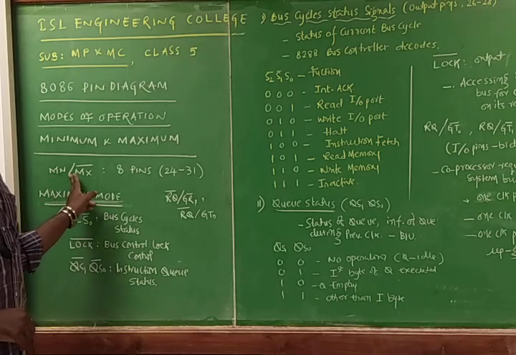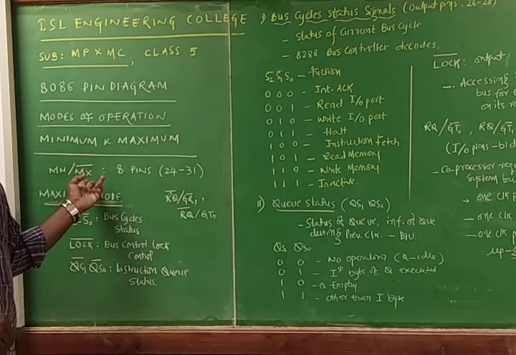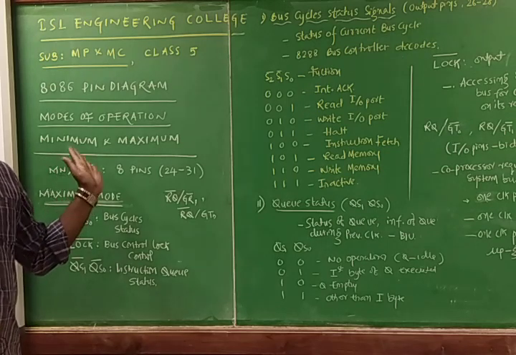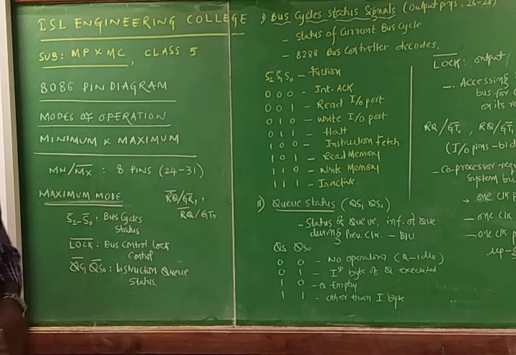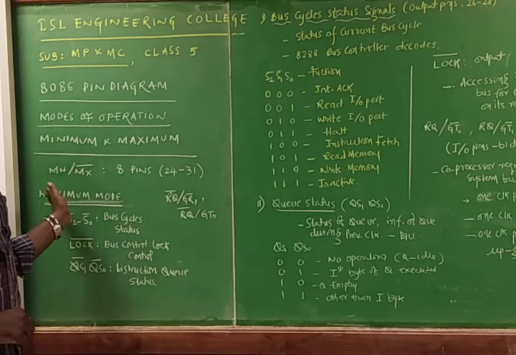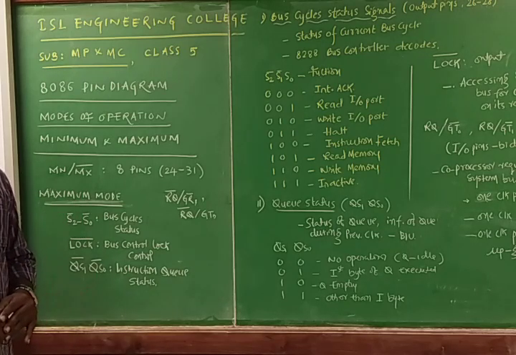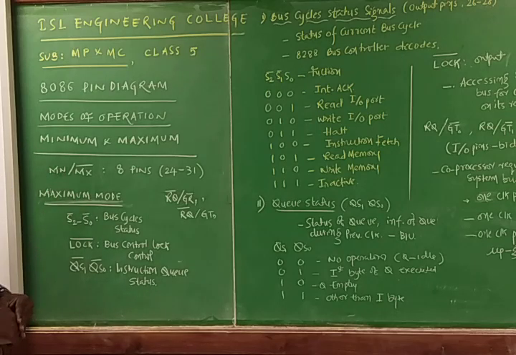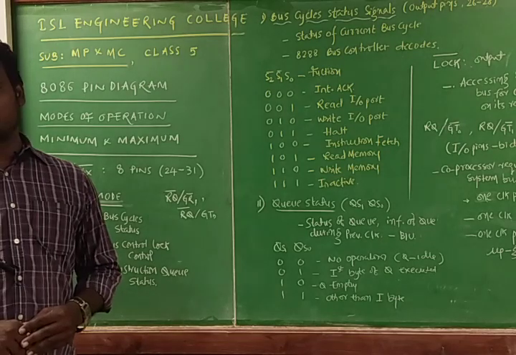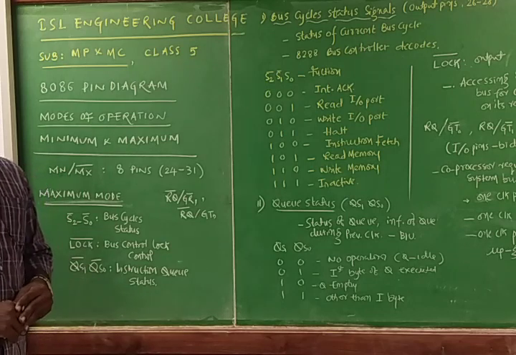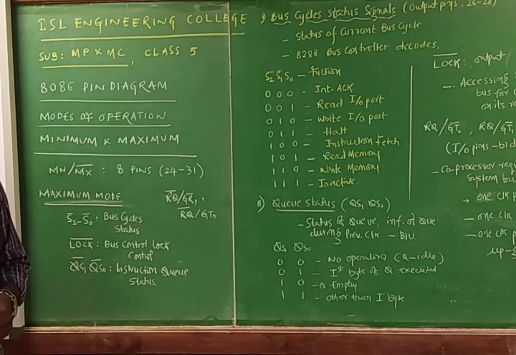Whenever this pin is grounded, that means it is an active low signal, connected with logic 0, then that microprocessor enters into the maximum mode of operation. Whenever this pin is connected with plus 5 volts or logic 1, then the same microprocessor enters into the minimum mode of operation.